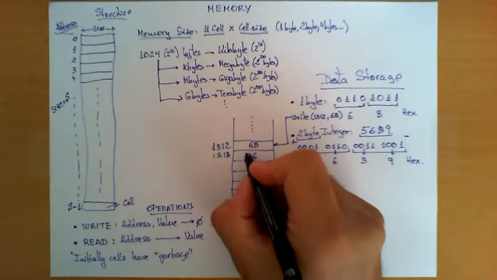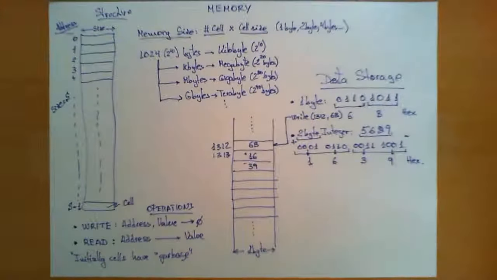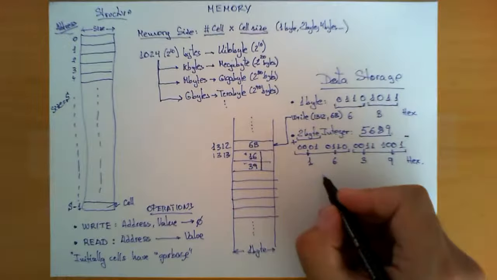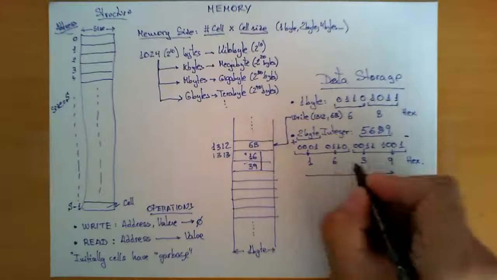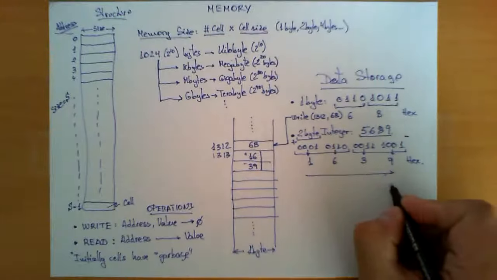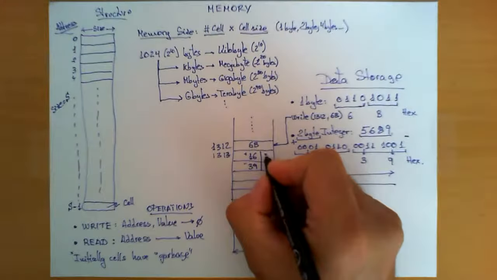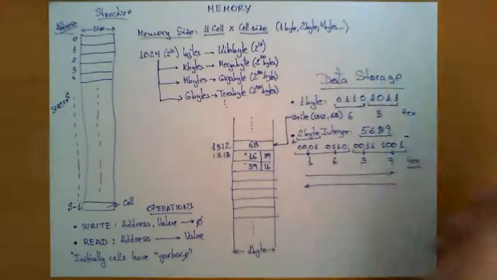This is the most significant byte, this is the least significant byte. However, another possibility would be to store it following the other order. So we can follow this order over here, first this byte, second this byte, but then we can also follow this convention: store first this byte and then this byte. In other words, first the 39, always hexadecimal, remember, and then 16.